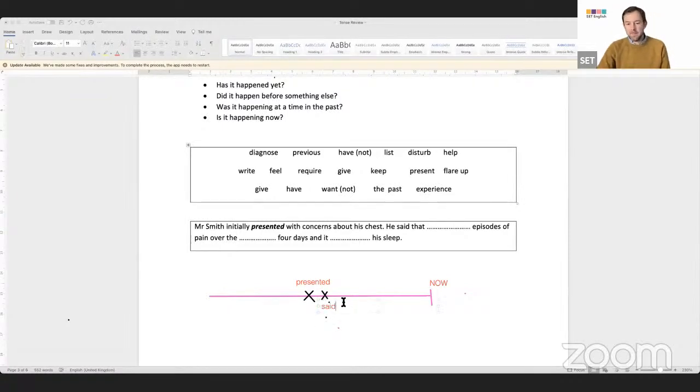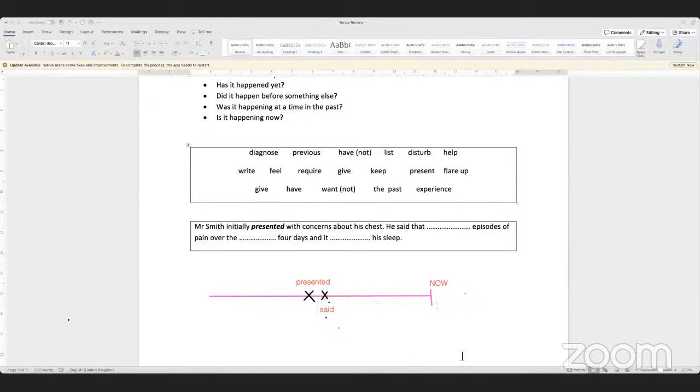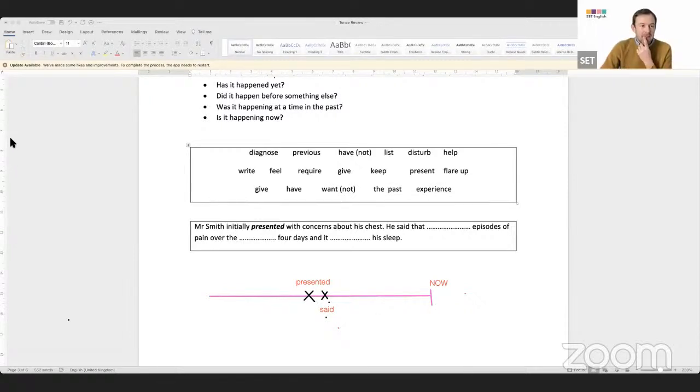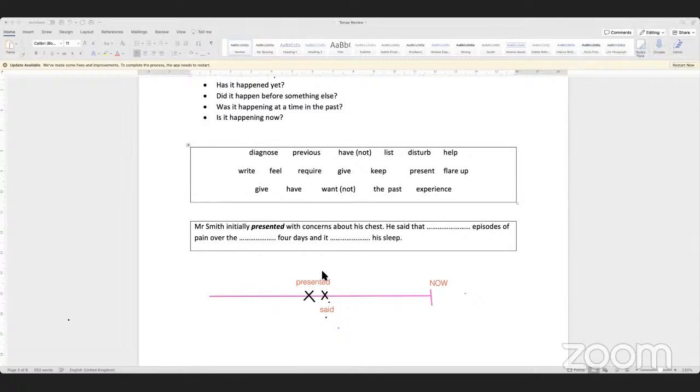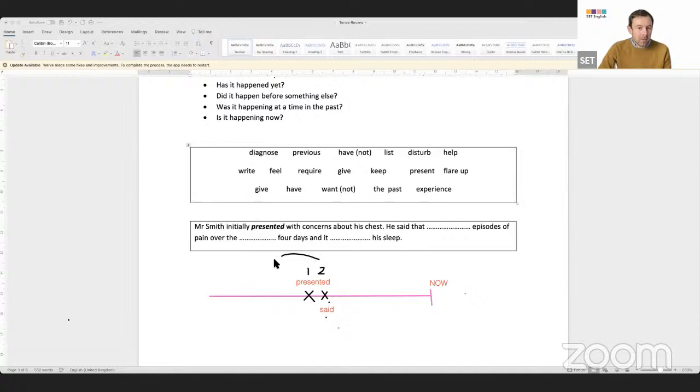Now, what did he say? We can use past perfect. I agree. I think we can use past perfect here, yeah. Because the episodes of pain, when were they? Before he presented to the clinic. So what we did was we presented 1, he said 2, and then we're going back, aren't we, like this?